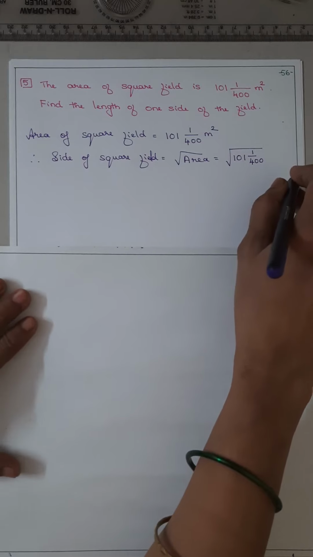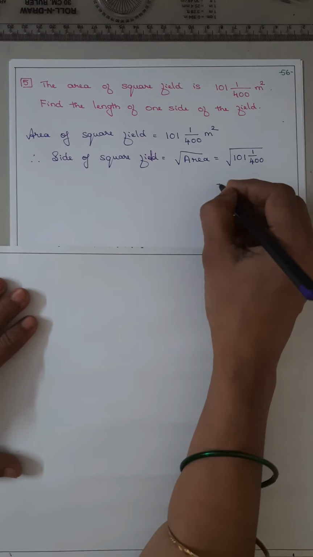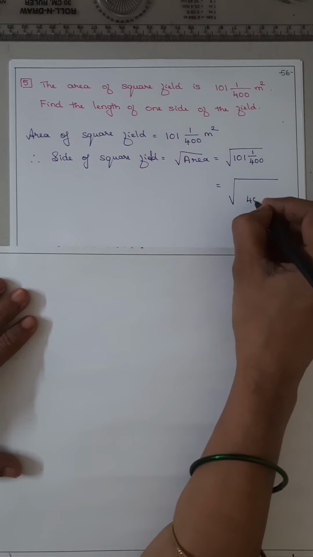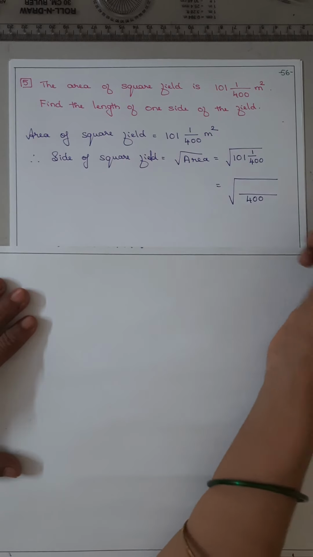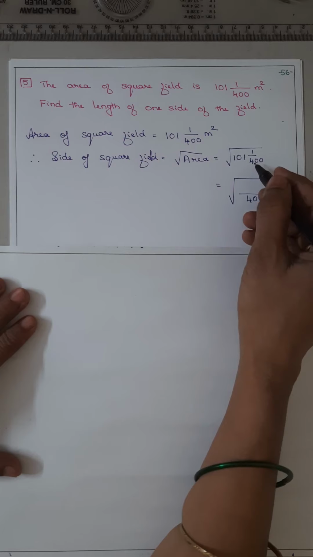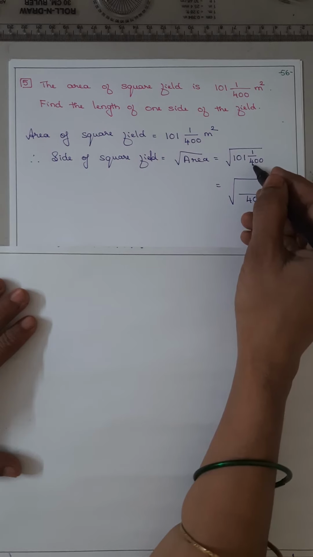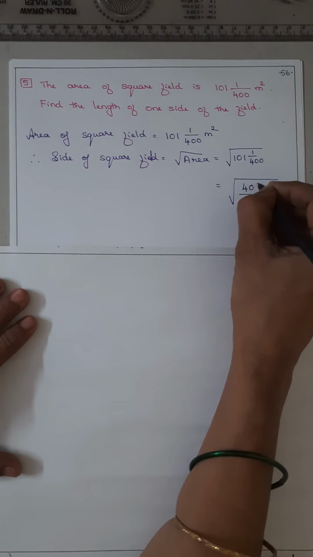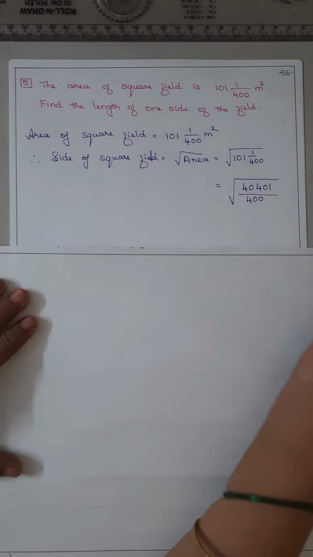Okay, when you multiply 101 into 400 and plus 1, it will be 40401.